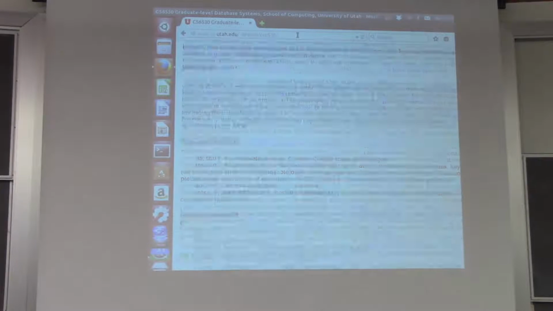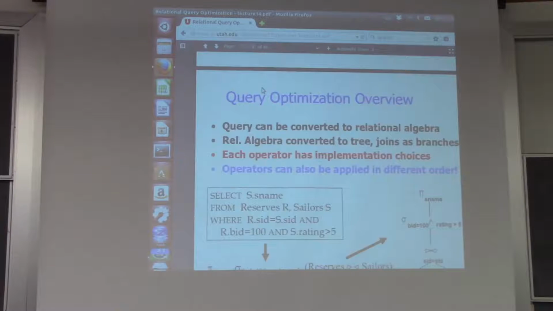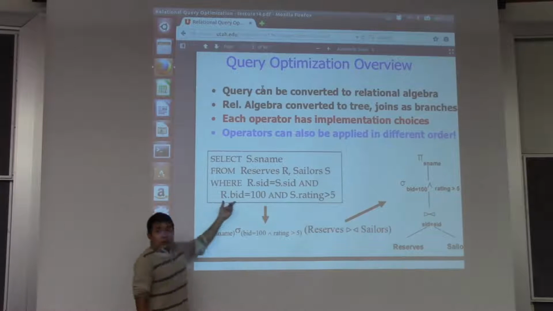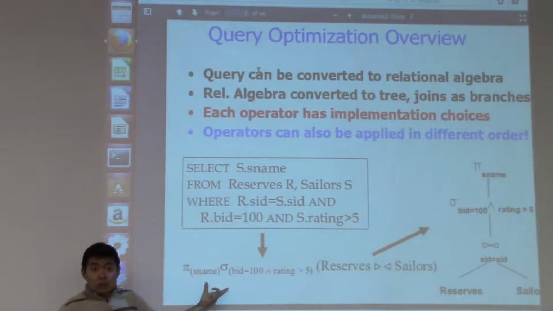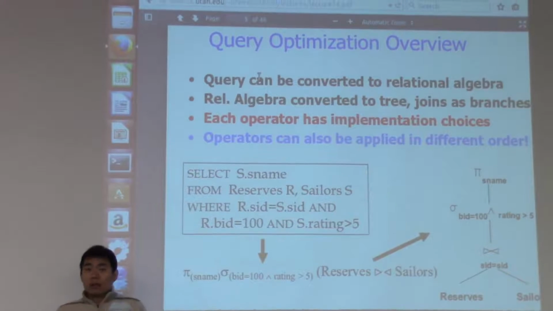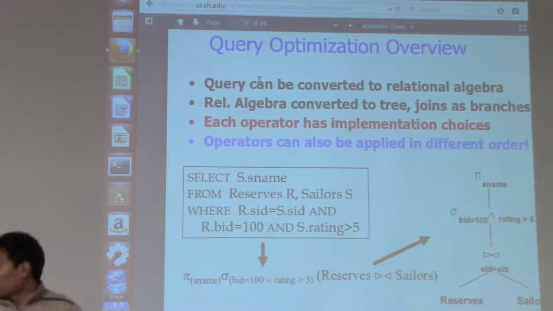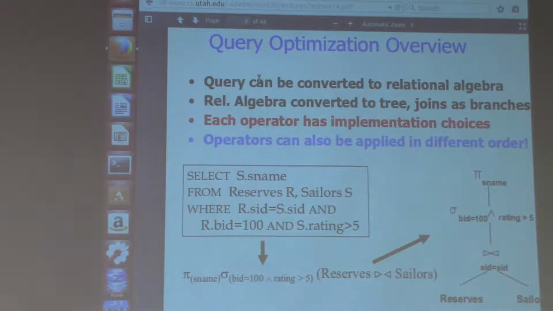Now let's look at this, where we stopped last time. We talked about, given an input SQL query, you convert this to a relational algebra representation to represent precisely and concisely what the input query means. This is what we talked about from the beginning of the semester: SQL is a very powerful way for users to specify what they want. It's what we call a declarative language.